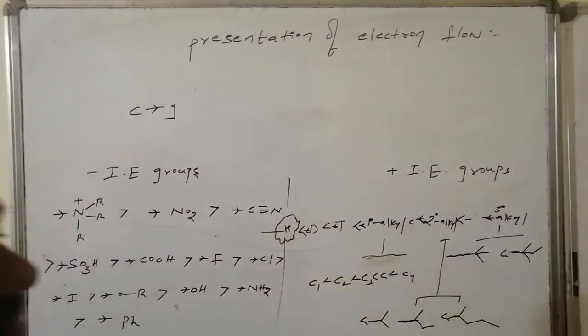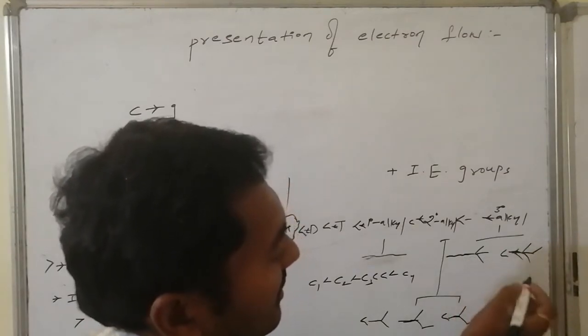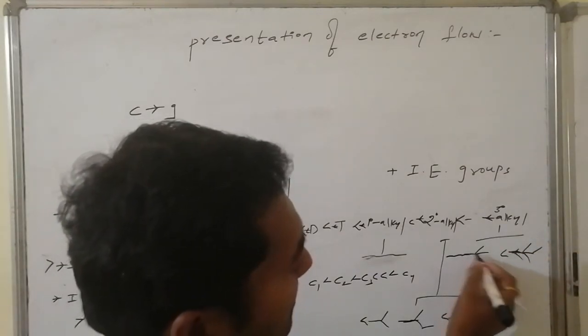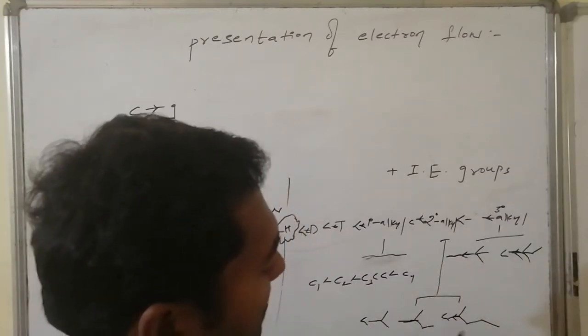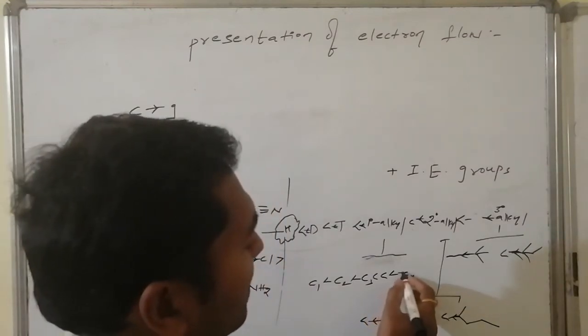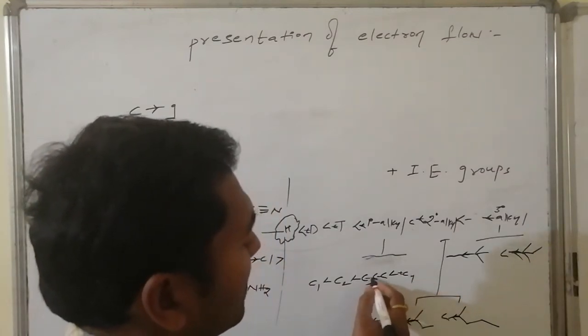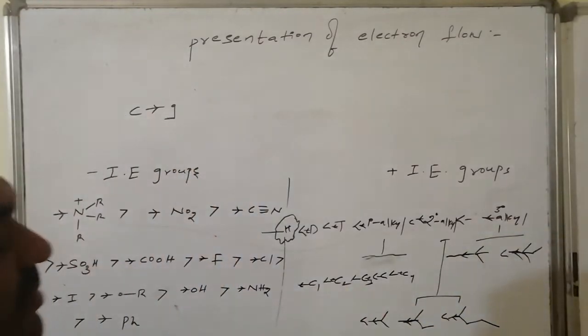Suppose in this case, more substituted tertiary, flow is present like this, and here less substituted tertiary, flow is present like this. Similarly in the case of secondary, flow is present like this. Similarly, here a 4-carbon system, 3-carbon system, 2-carbon system, 1-carbon system.